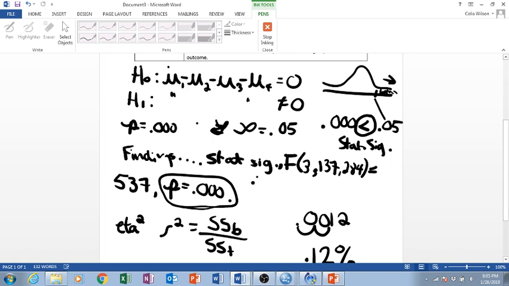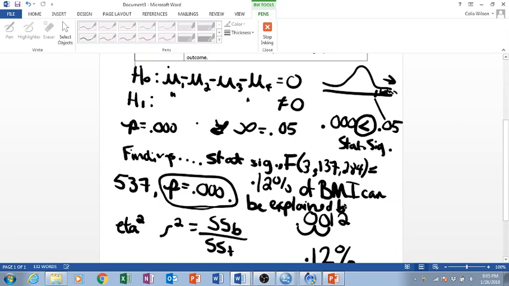It means that 0.12% of BMI can be explained by grade. All right. So that's not very much, is it? So 0.12% of that BMI can be explained by grade.